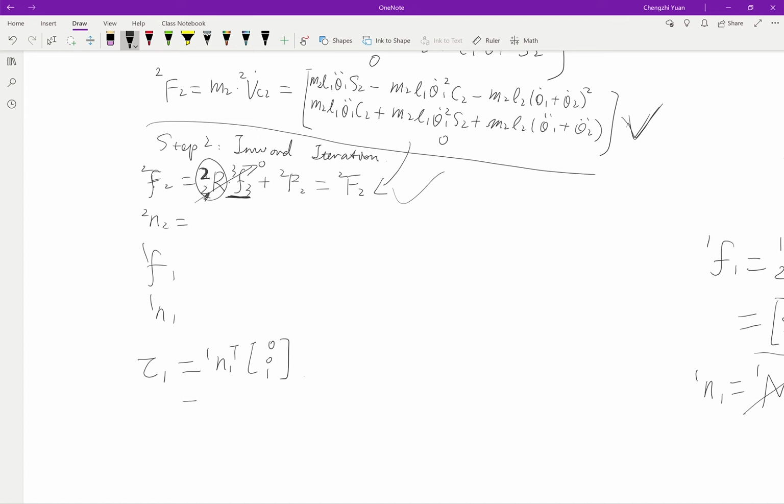It would be equal to M2 L2 square times theta 1 double dot plus theta 2 double dot, and then plus M2 L1 L2 C2 times 2 theta 1 double dot plus theta 2 double dot.